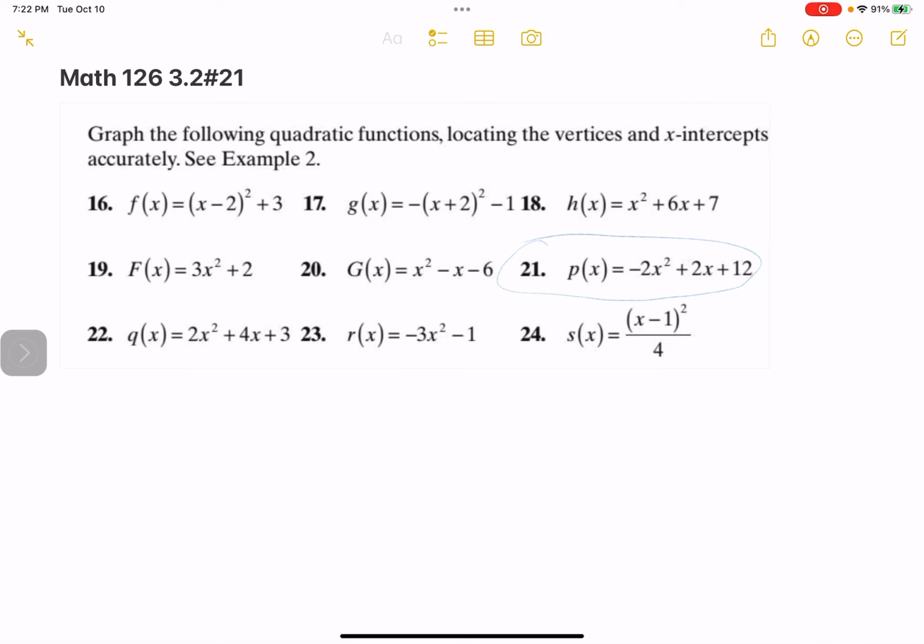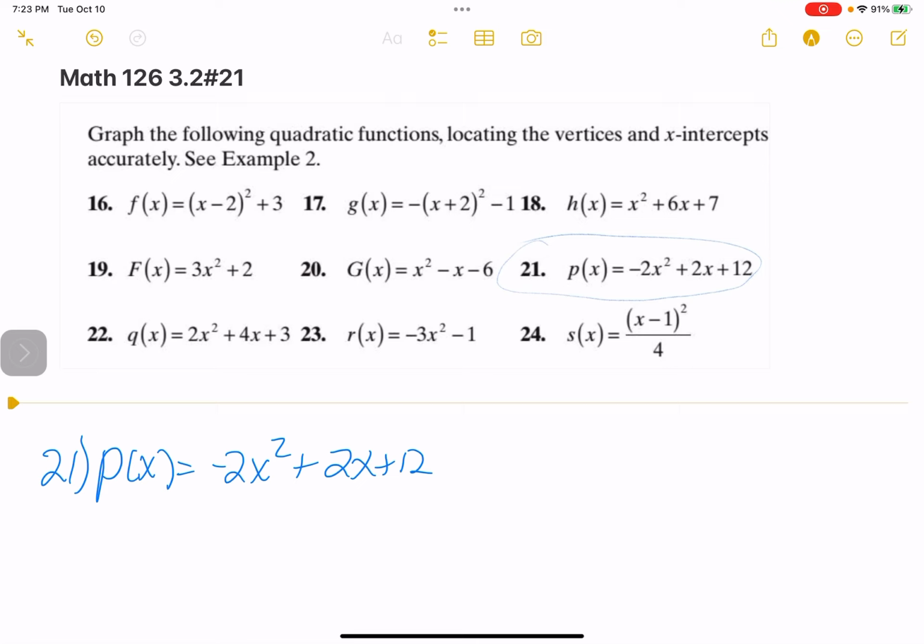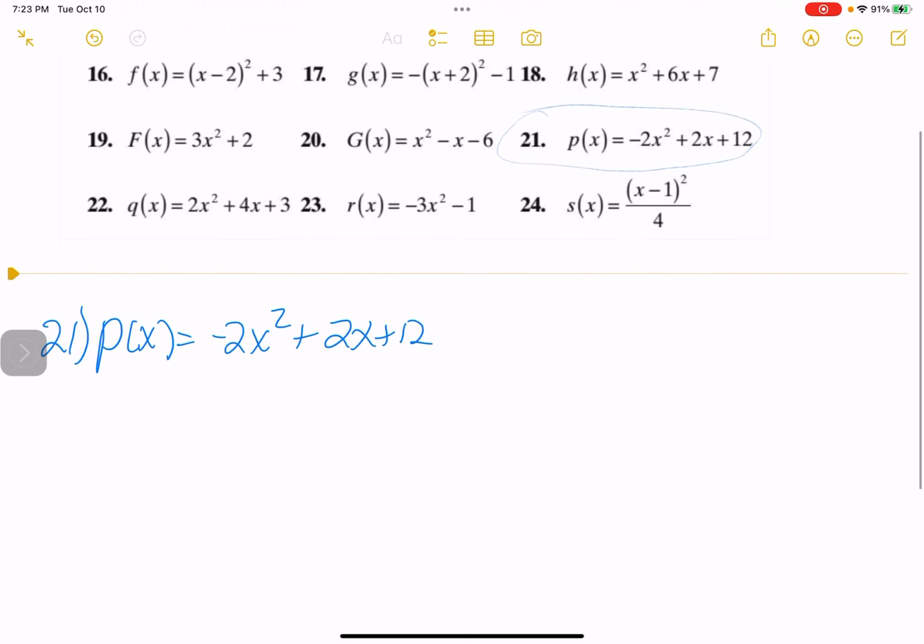So we have p of x equals negative 2x squared plus 2x plus 12. If we want to complete the square, we have p of x equals, so I'm going to have that part grouped together.